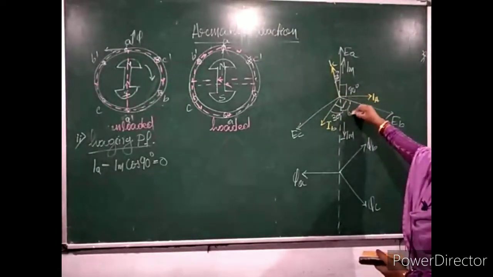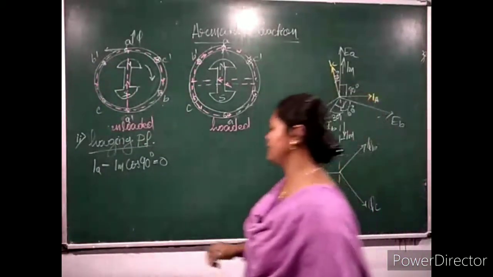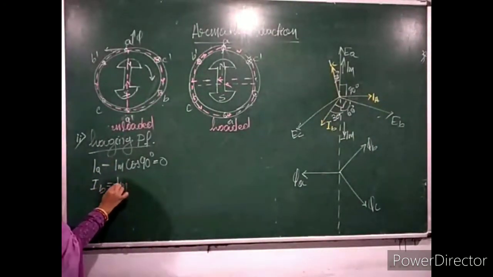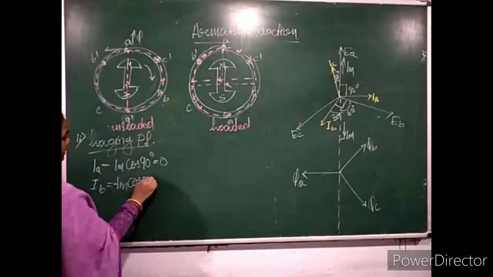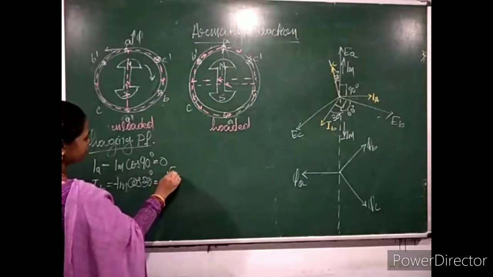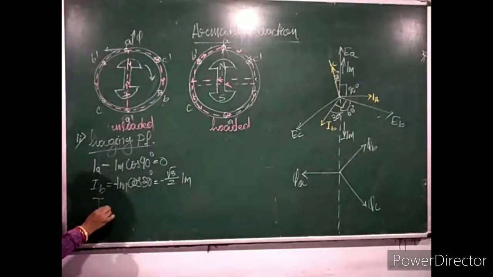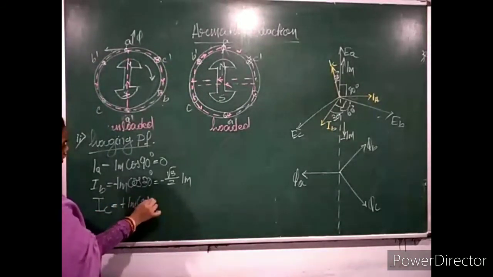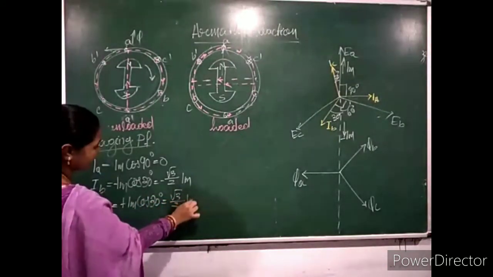If this angle is 60, this one is 30 degrees. Similarly, this one is 30 degrees. So the vertical component of IB is Im minus Im cos 30 degrees, whose value is minus root 3 by 2 Im, and IC is plus Im cos 30 degrees, whose value is root 3 by 2 Im.